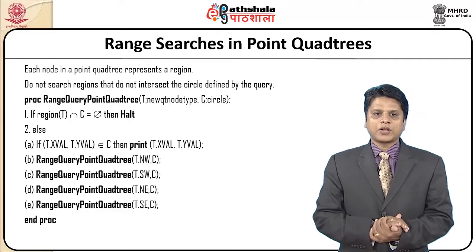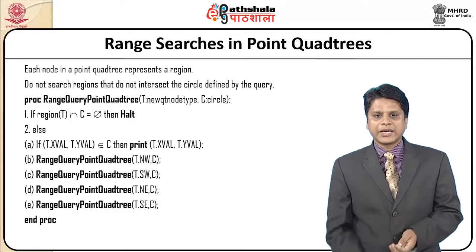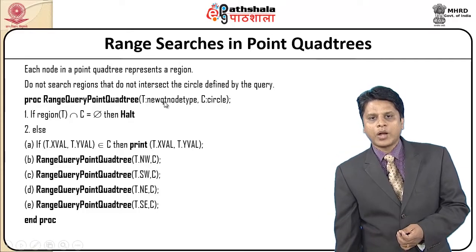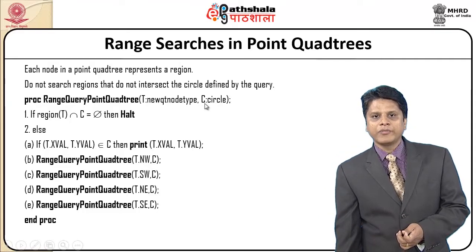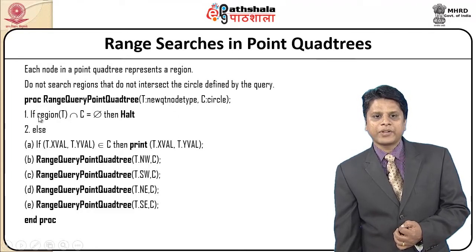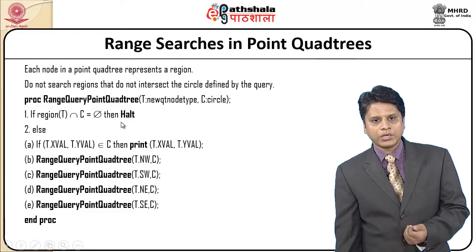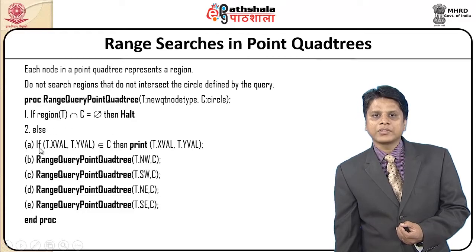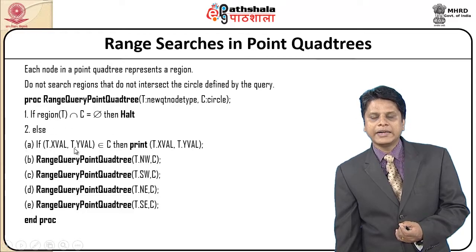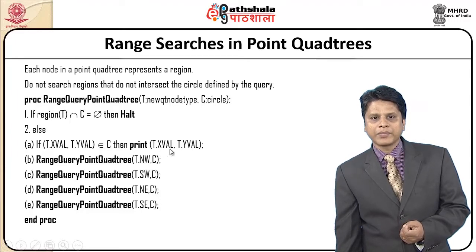We have a procedure of range query for the point quadtree, which has a new quadtree node type, and we also have to define the circle with its radius. If the region of T intersected with the circle is empty, then we halt. Else, if T's x value and T's y value are an element of the circle, then print the x value and the y value.